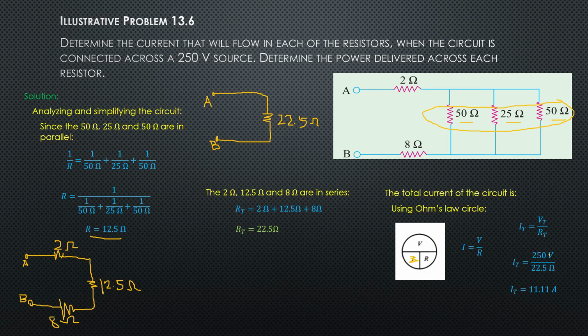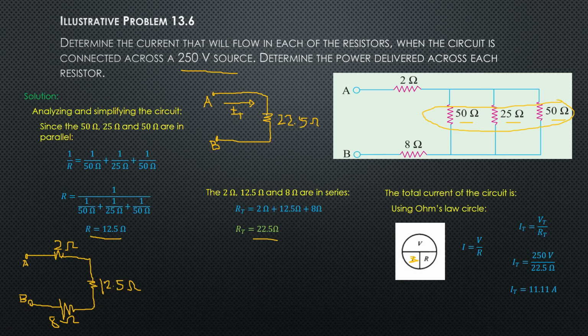So the total voltage, the voltage supplied, is 250 volts over the total resistance of 22.5 ohms. That gives us a total current of 11.11 amperes. So that 11.11 amperes will flow across this resistor. This is the I total.